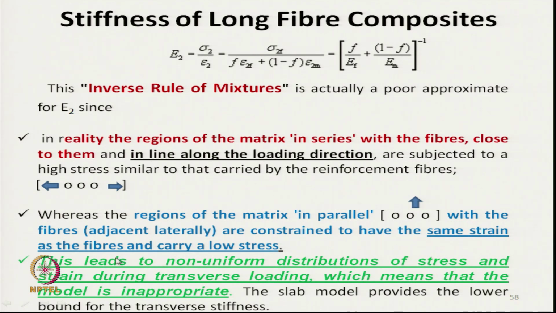That means the matrix portion in between the fibers will be subjected to very high stress, because they are in series.